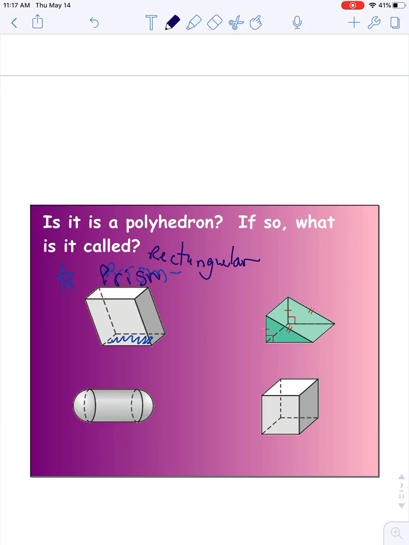We just aren't 100% sure if that base is a rectangle. Same with down here. If we look at this one, we might think that that is a square prism, but we really don't have the information. We could guess that it's a square prism, but to be accurate, we would have to have some markings like 4 congruent sides and 4 right angles.